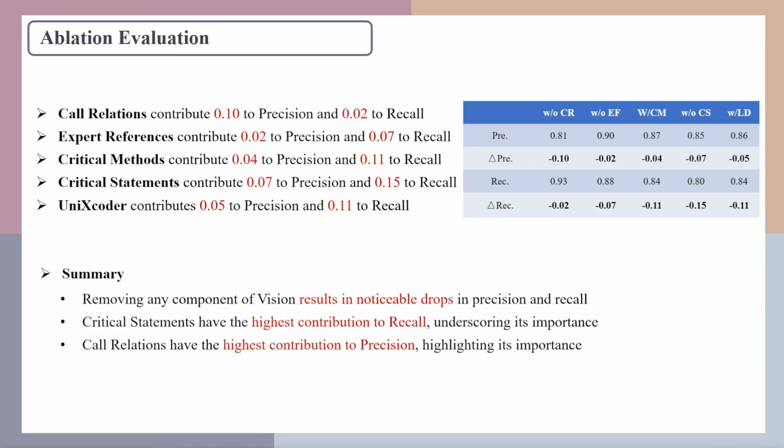Then, we do an ablation evaluation. It shows that removing any component of Vision results in noticeable drops in precision and recall. Critical statements have the highest contribution to recall, underscoring their importance, while correlations have the highest contribution to precision, highlighting their importance.